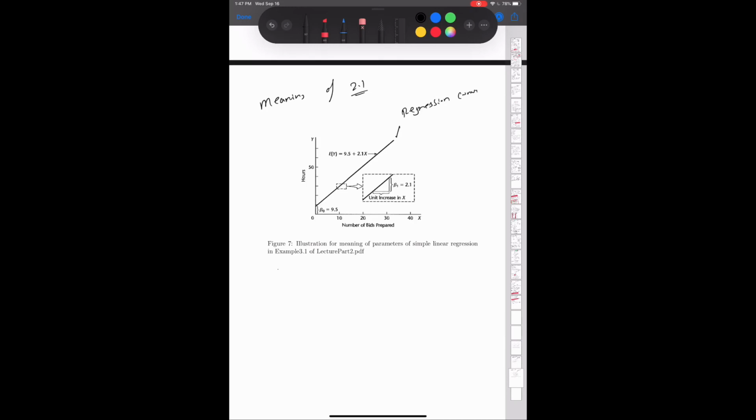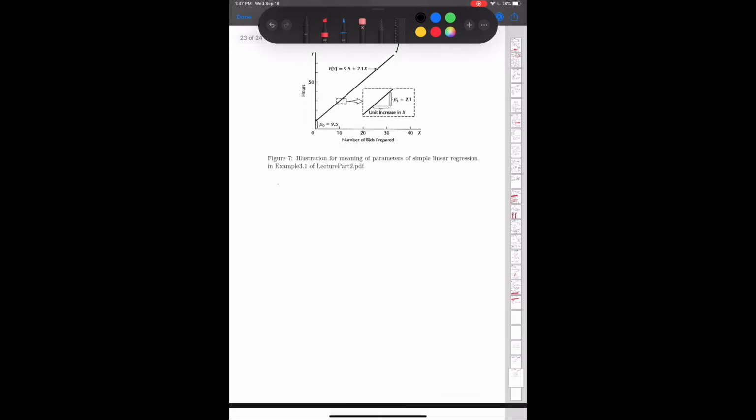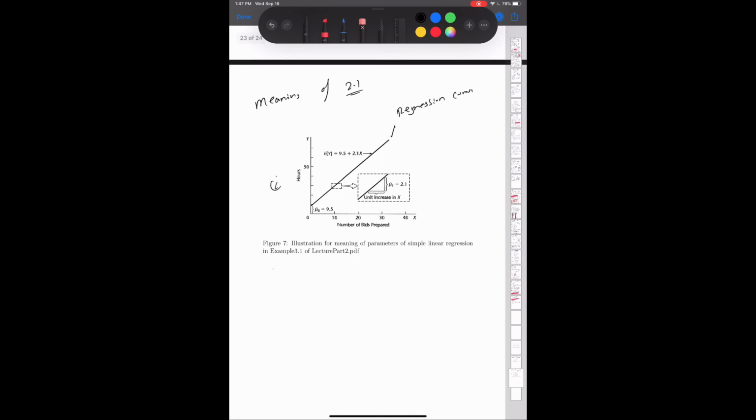On this axis, I'm plotting the expectation of y, and on this axis, I'm plotting x. This is the regression curve or the mean response curve. And since we are dealing with a simple linear regression, the mean response curve is a straight line. And 9.5 is its y-intercept, and 2.1 is the slope.